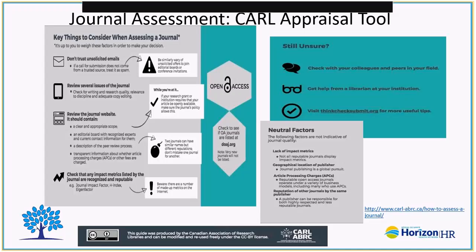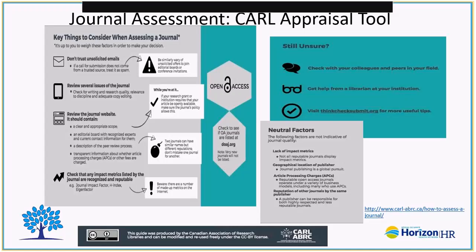So just because it's located somewhere doesn't mean it's good or bad. And article processing charges, depending on the business model, those may fluctuate and it may differ from journal to journal. So just because researchers are being charged doesn't necessarily mean that it's a red flag.